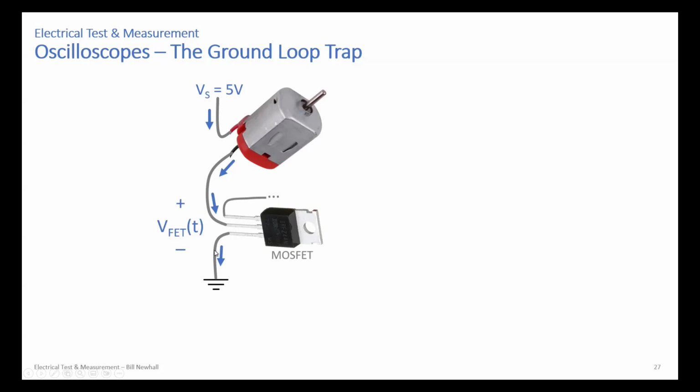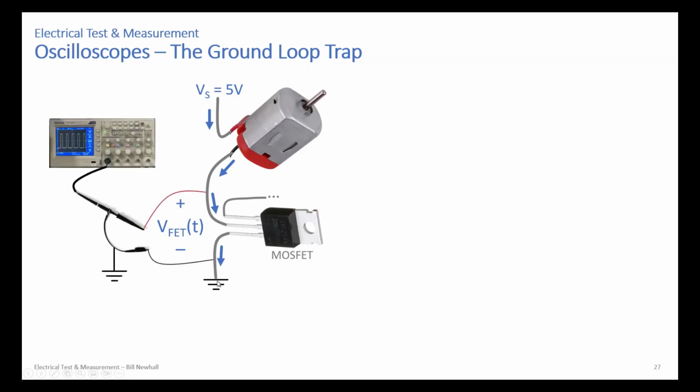Okay, let's suppose you want to measure that voltage. So you say, oh, I could just take an oscilloscope and connect the tip of the probe here, right between the motor and the FET, and clip the ground lead down here, and that works just fine.